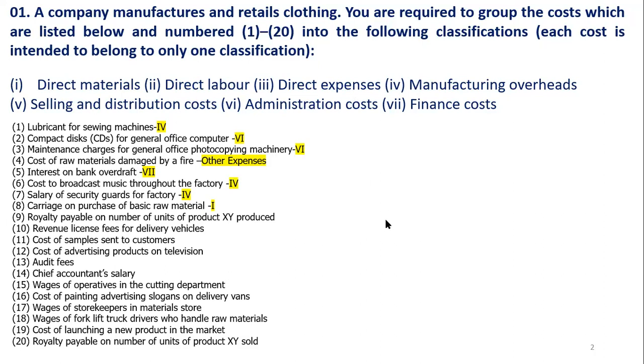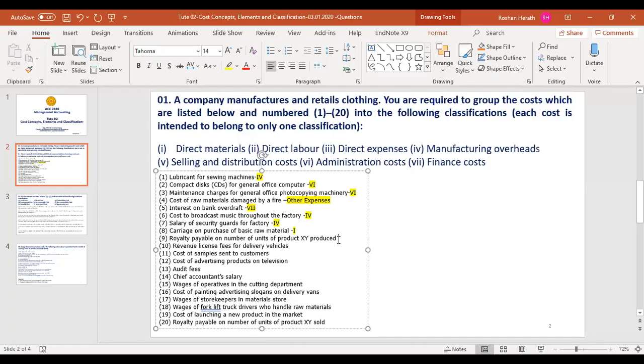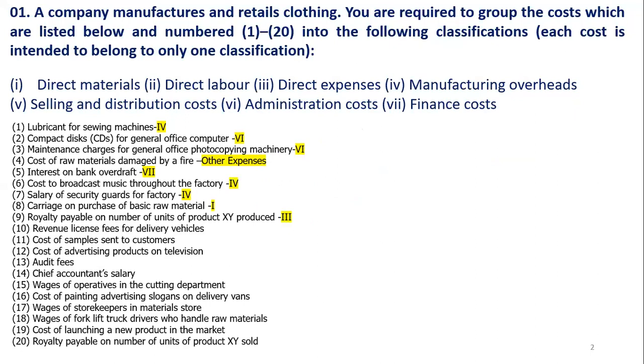It is nothing to do with the material, nothing to do with the labor, but it's another expense and it's direct. So therefore, the suitable category is going to be direct expenses. Nothing to do with the labor or material, but still it is direct, so it fits with direct expenses.